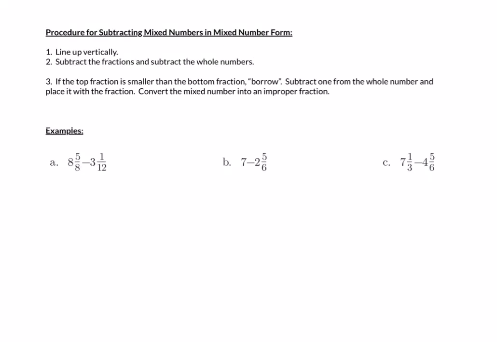Now, when we talk about subtracting whole numbers, remember we used borrowing. And so we're going to have something similar to that. If the top fraction is smaller than the bottom fraction, we borrow. So we're going to subtract 1 from the whole number and place it with the fraction, and convert that to an improper fraction.